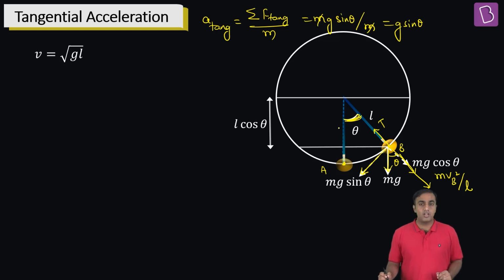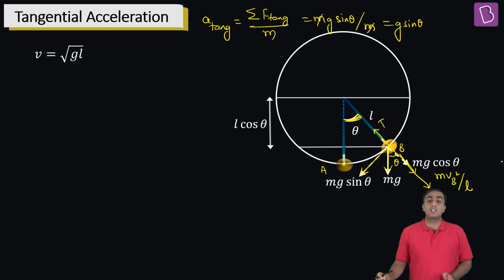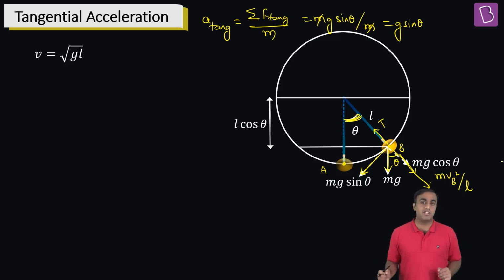In order to do that, we will apply the mechanical energy conservation principle. For what? For the motion of the bob from position A to position B. Why can we do it in the first place? It's because there is no non-conservative force doing any work here. The sum total of potential and the kinetic energy must remain same.